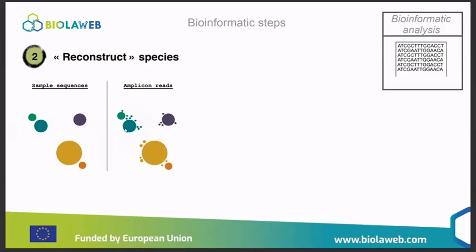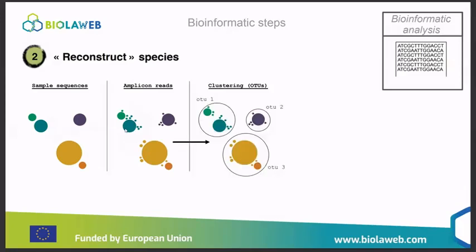You say, okay, all the reads that have 97% identity, I group them and I say it's a kind of species, what we call OTUs, for operational taxonomic units. So all those sequences are identical at 97%, and you say, okay, it's one species. Well, this one also, this one also.